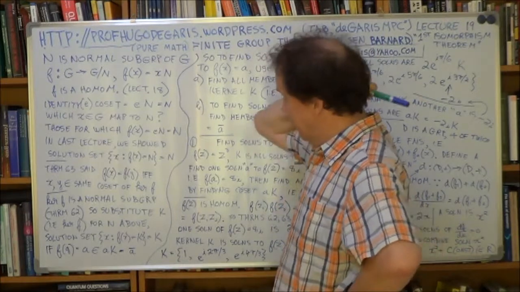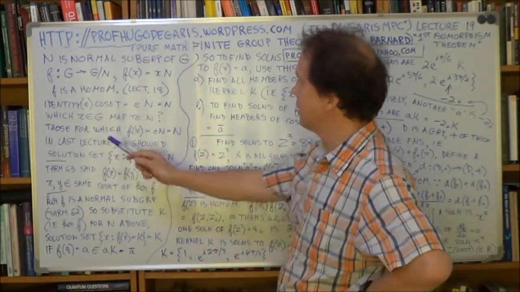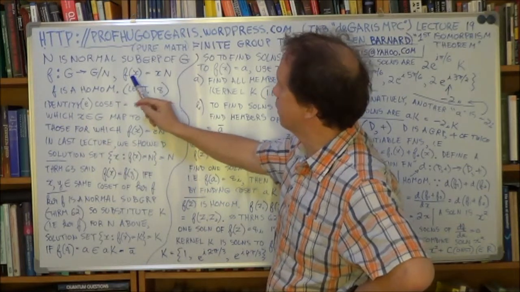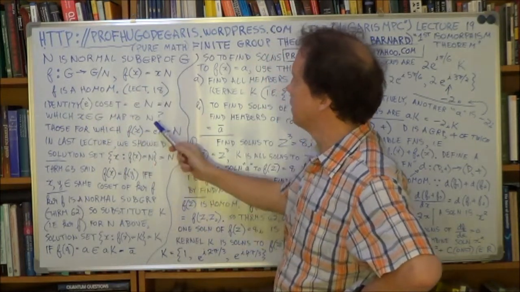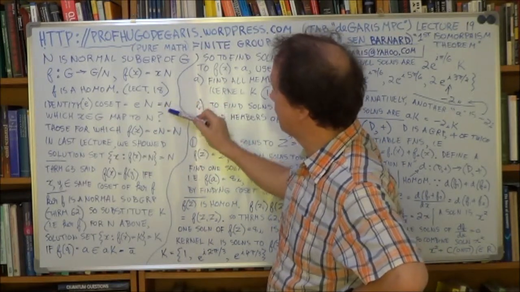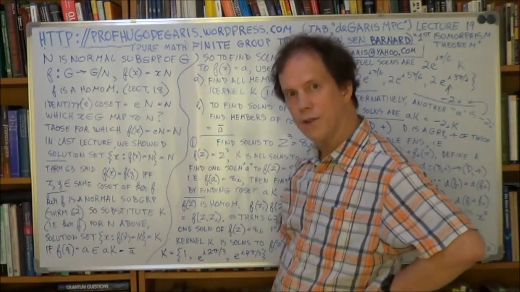Okay. All right. So which elements belonging to G map into this unit coset?